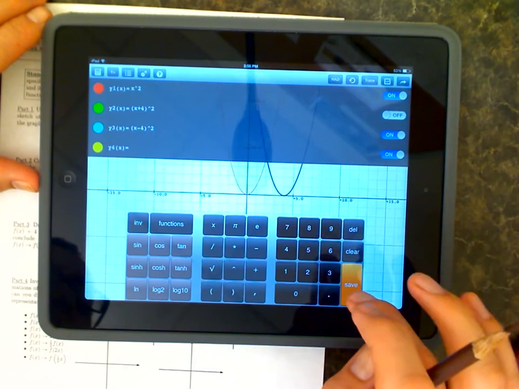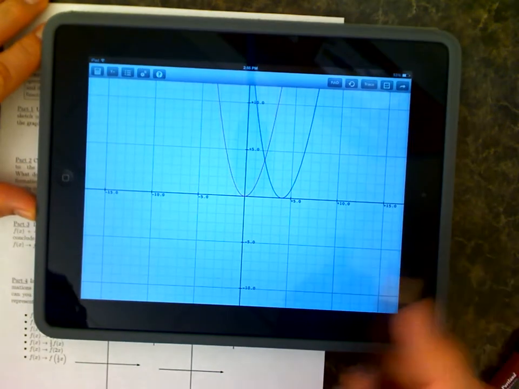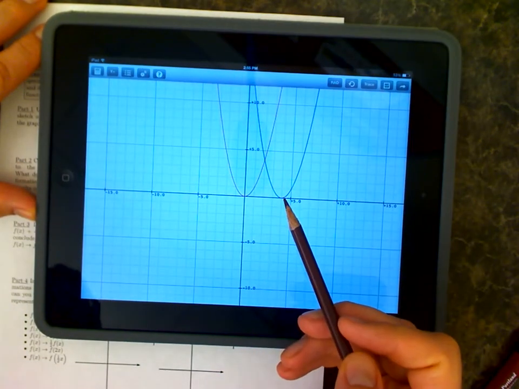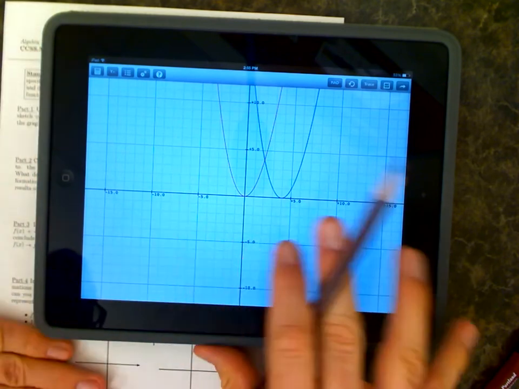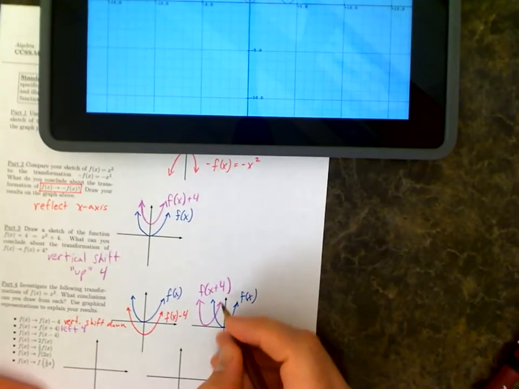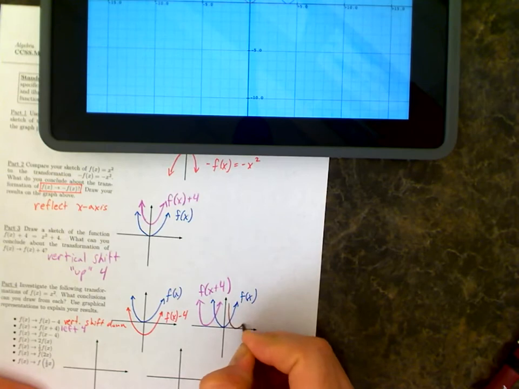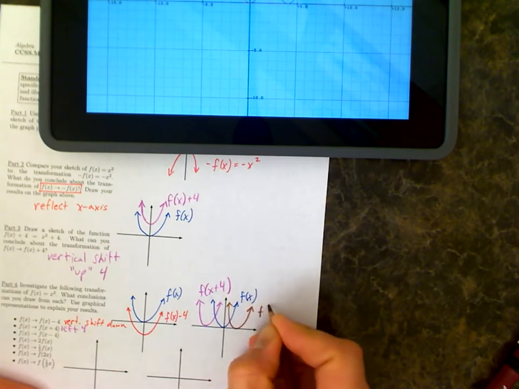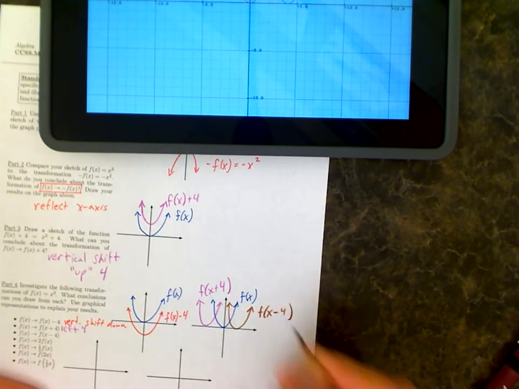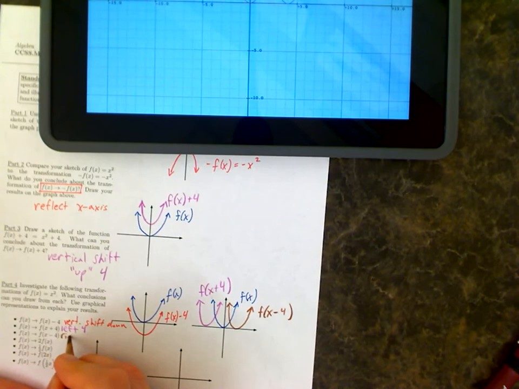So if I look at f of x and f of x minus 4, it moves to the right. f of x minus 4, that's to the right 4.